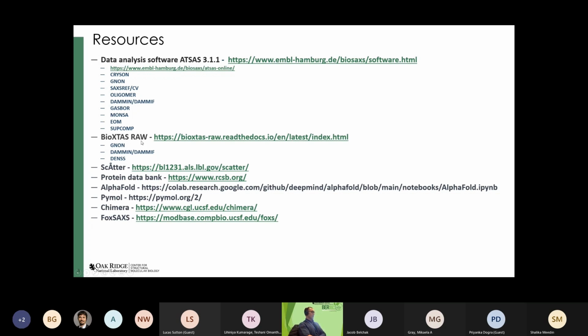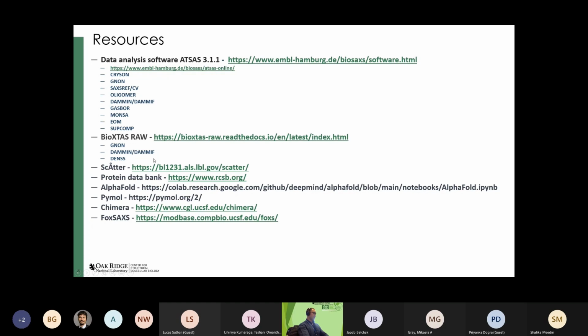And Raw, called the Genome, is the software that does the PFR calculation. Then there's one to do Bayesian modeling, and Dense, which was developed by Thomas Graham to do Bayesian modeling using a different approach.